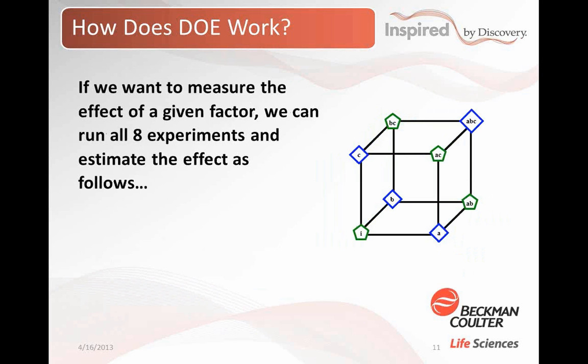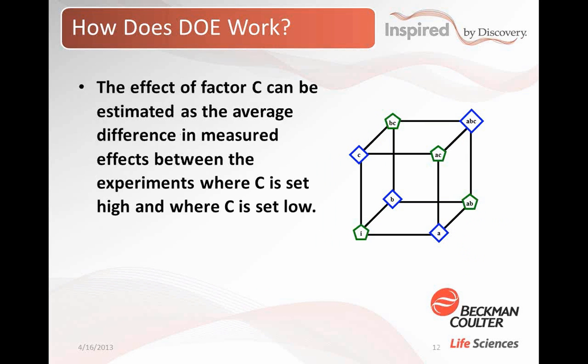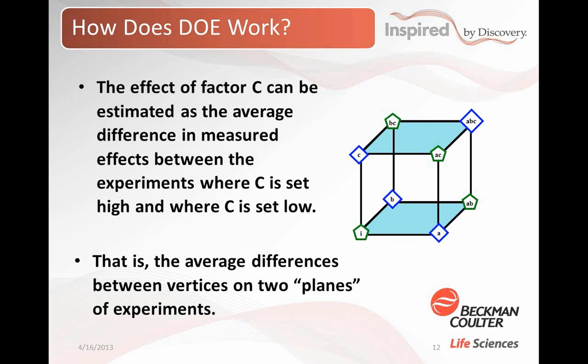So if we want to measure the effect of a given factor, we can run all 8 of those experiments and estimate the effect of that factor as follows. So let's just look at C as an example. We're going to measure the effect of running experiments where C is set to high versus those where C is set to low. So it's kind of looking at these 2 planes on the cube, top and bottom.